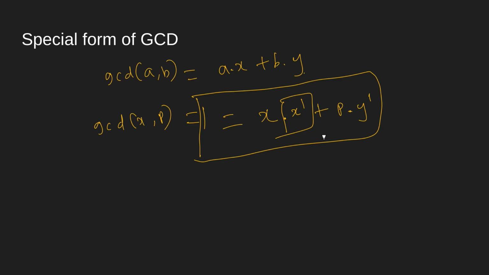Take a moment, because from this we can conclude x times x bar is congruent to 1 mod p. Why?